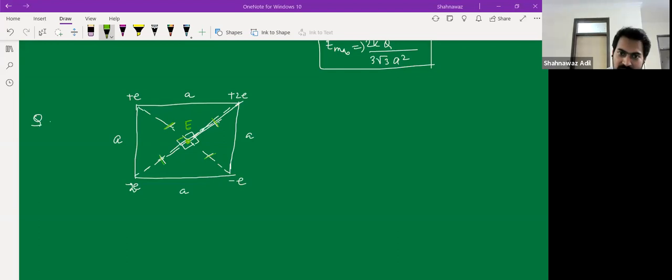She gave Q instead of P here. Was it minus Q or plus 2Q? Okay, let's forget that and do this problem.